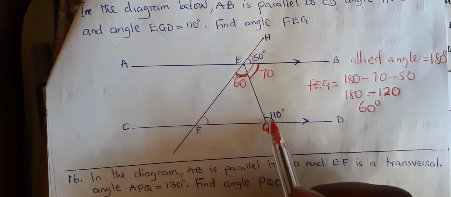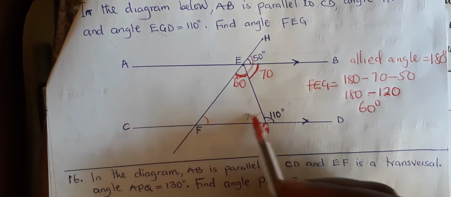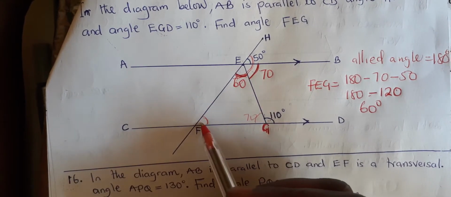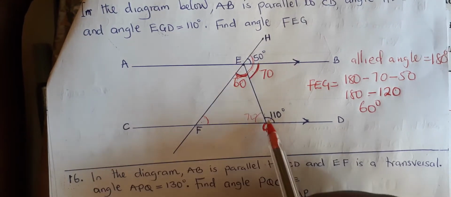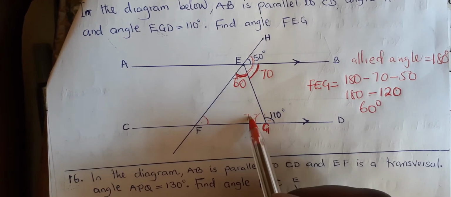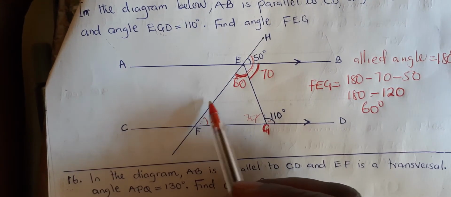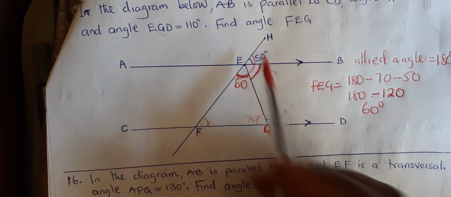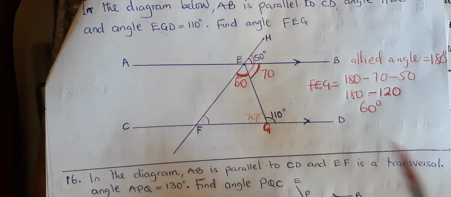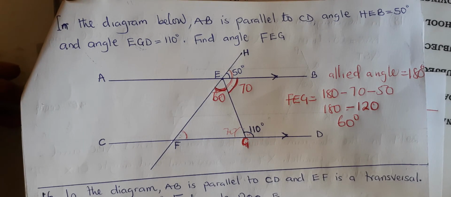Then, since this is 70, we could have done the same thing. You find this one as 50, this one as 70, then use the triangle: add this and this, then subtract from 180. You are still going to get the same thing. So copy this question and try to find these answers. I'm giving you as many as possible.